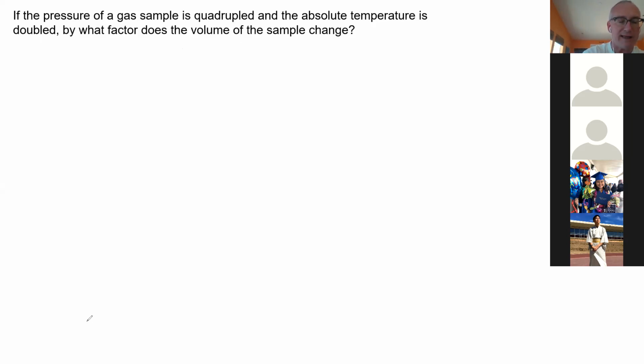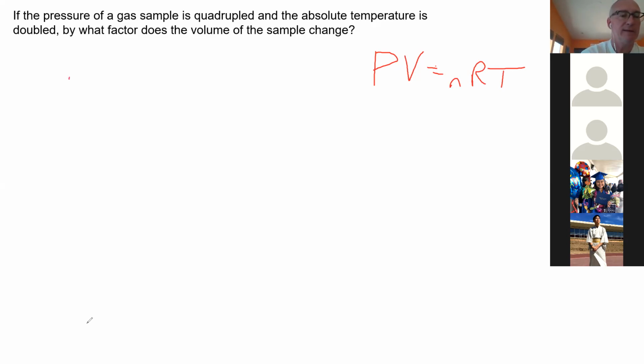If you have a question like that, you start by writing down the equation. So I've got my PV equals nRT. So I look at this and I say, P2, the pressure of the gas, is quadrupled.